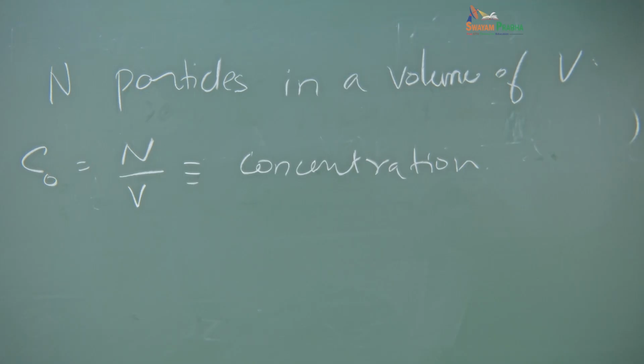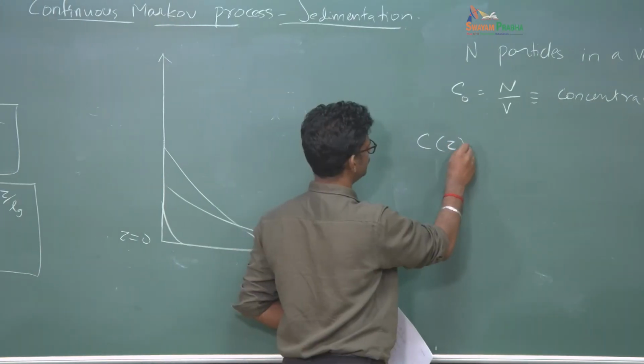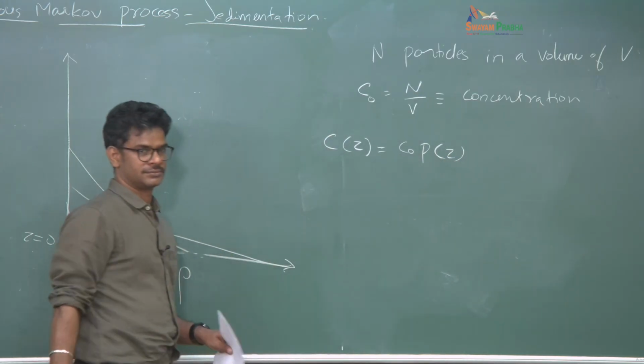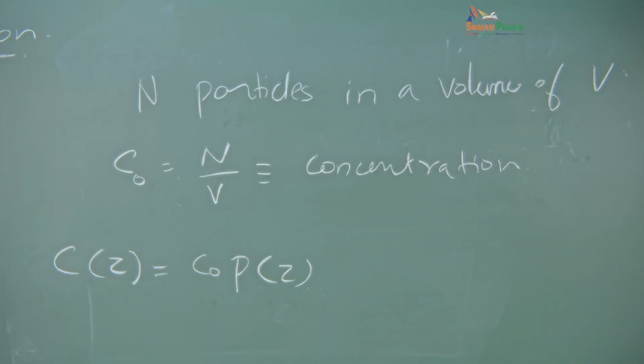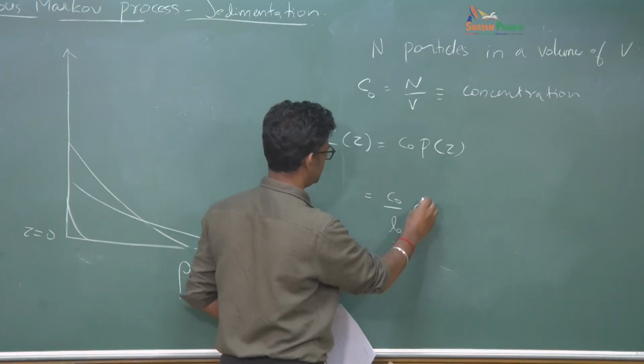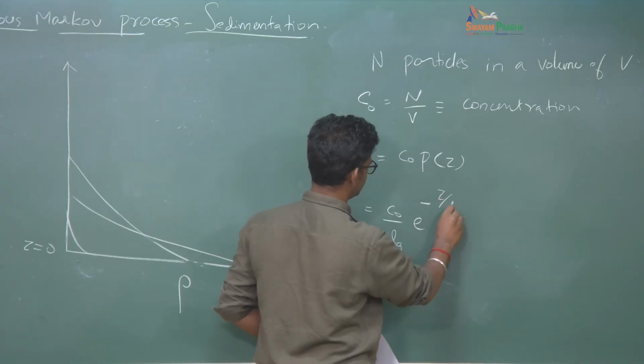Now we can write concentration as a function of Z as C naught times P of Z. In other words, this is going to be C naught by Lg e power minus Z by Lg.